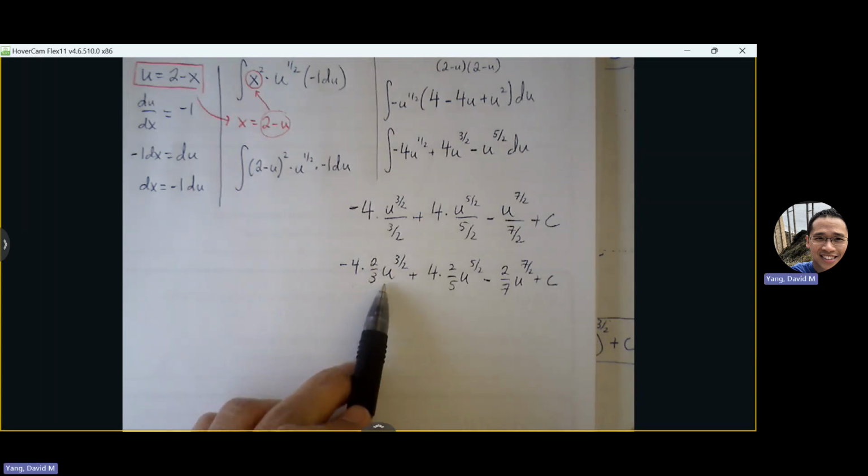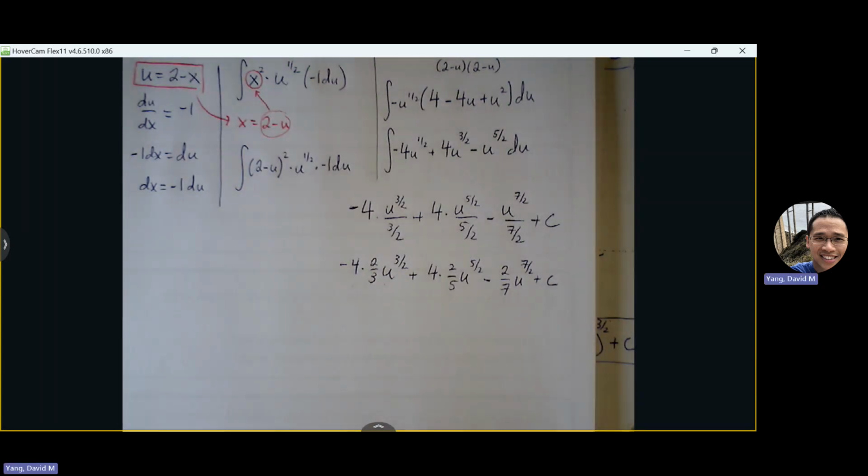As I clean up, I'm also going to replace the u back in terms of my original variable. Keep in mind, the u variable is to help us with an easier problem to solve. But once we find the antiderivative, our u variable is only a temporary variable. It's not going to be in our final answer.